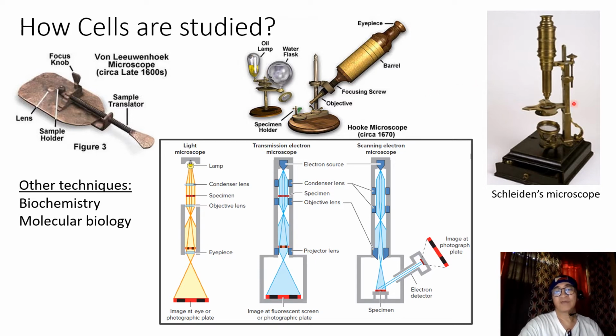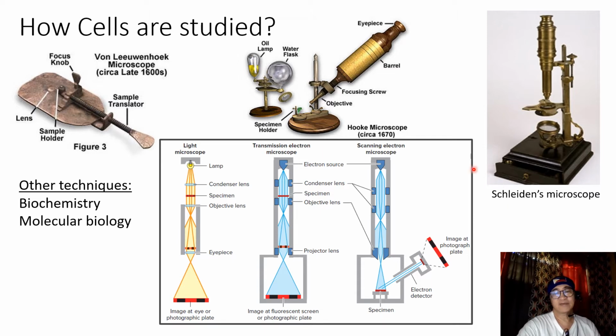And here you have the microscope of Matthias Schleiden, similar to Theodor Schwann's microscope, and because of these microscopes they were able to formulate the first statements of the cell theory, and that is that animal and plant tissues are all made up of cells.